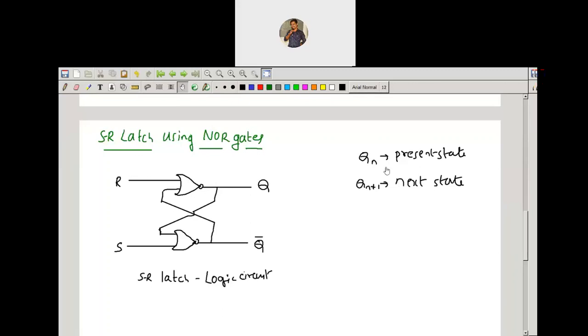So without confusion, I will explain with this symbolic representation: Qn is the present state and Qn plus 1 is the next state output. Here Q and Q bar are the outputs. Q is the normal output and Q bar is the complement output. That means if Q is 0, then Q bar will be 1.